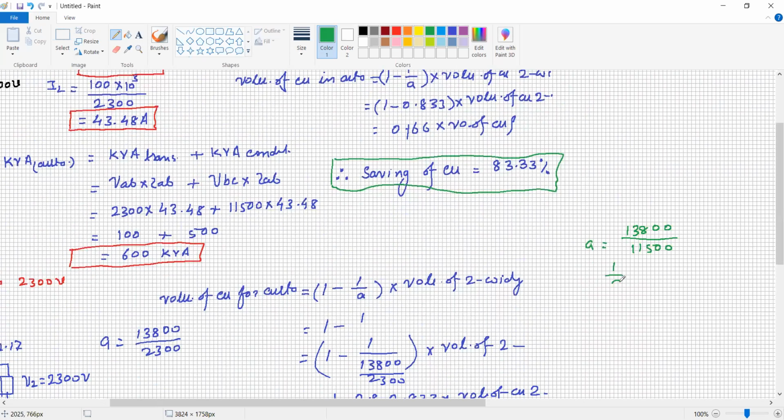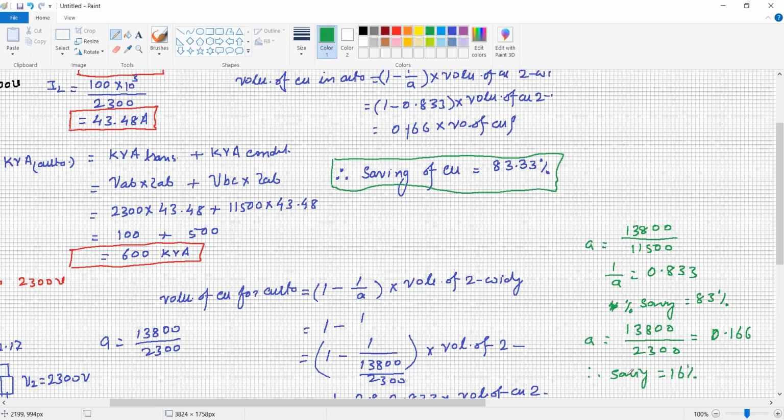Therefore, 1 upon A is equal to 0.833, so the saving is 83%. Now, in the second case, A is equal to 13800 divided by 2300. The ratio becomes 0.166. Therefore, the saving is equal to 16%.